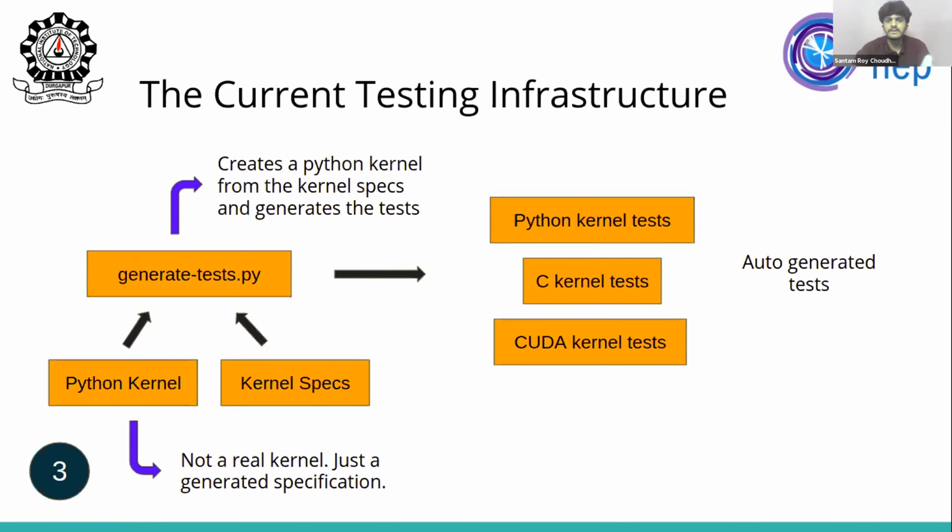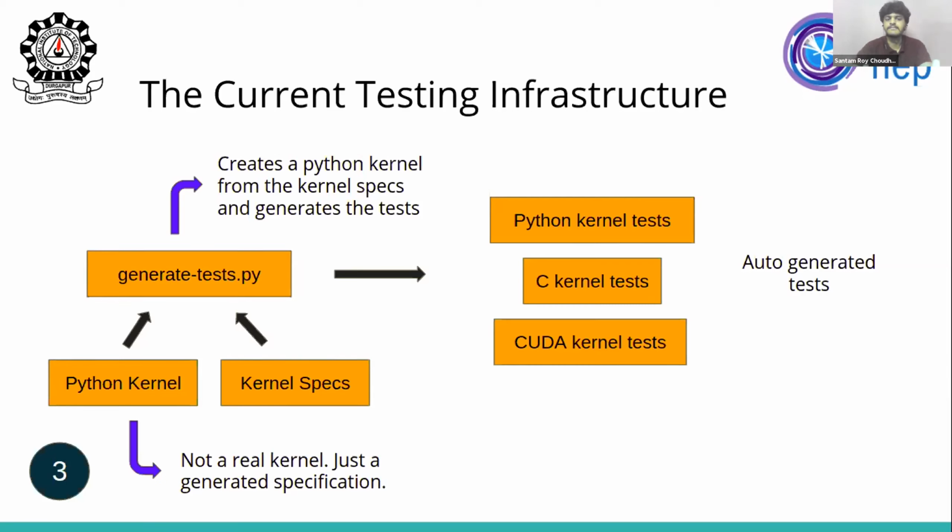This is the current testing infrastructure in Awkward Array. We have a kernel specification file that contains various arguments like the kernel function name, their arguments and so on. And we have a script called generate-tests.py that's present inside the dev folder.